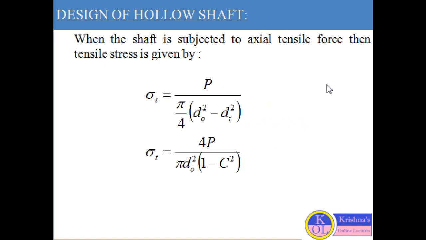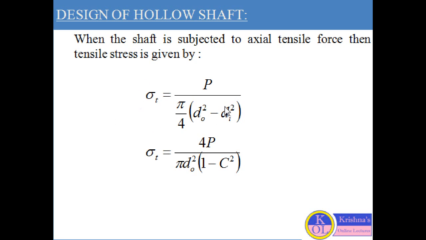Shafts are generally subjected to axial tensile force, bending moment, torsional moment, or a combination of loads. If the shaft is subjected to axial tensile force, what will be the tensile stress? Sigma T represents the tensile stress.